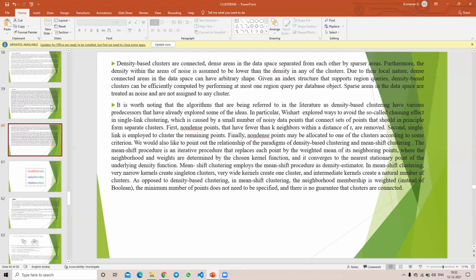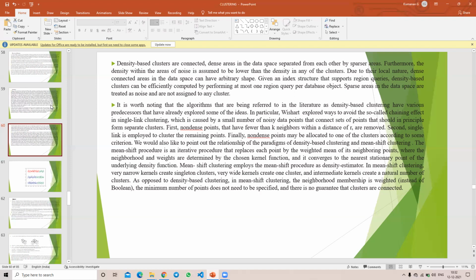Mean shift clustering employs the mean shift procedure as a density estimator. In mean shift clustering, very narrow kernels create singleton clusters, very wide kernels create only one cluster, and intermediate kernels create a natural number of clusters.